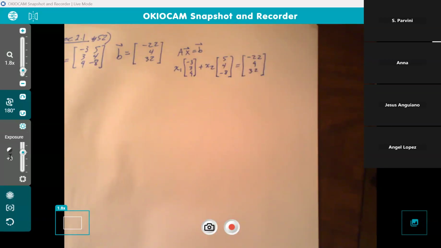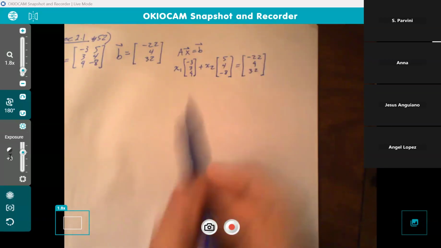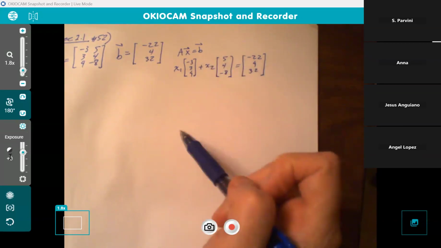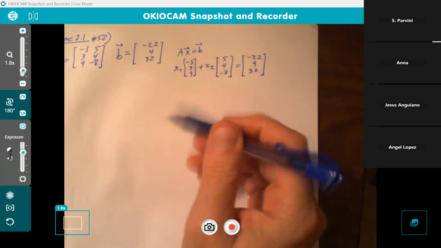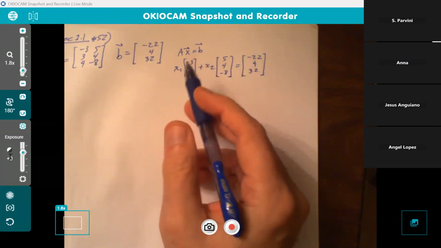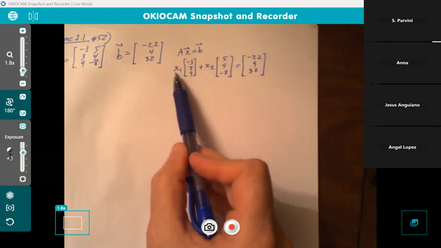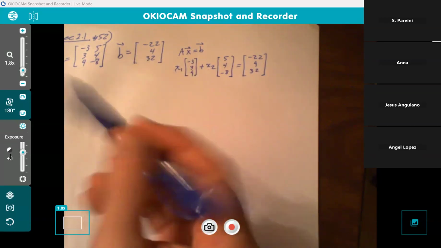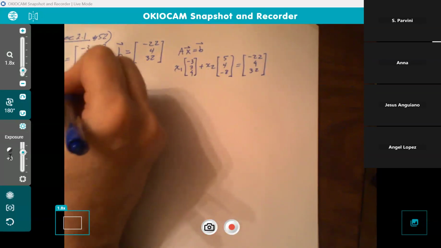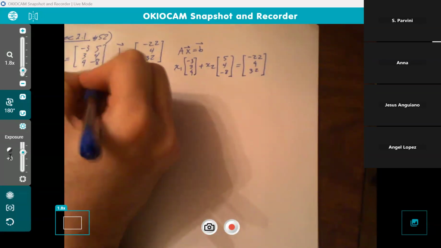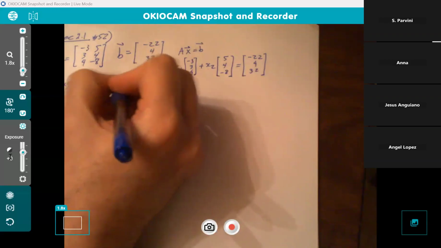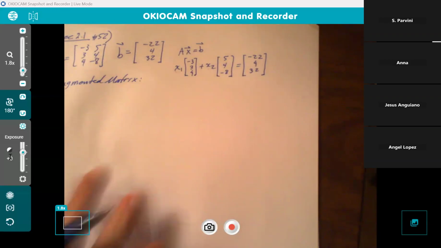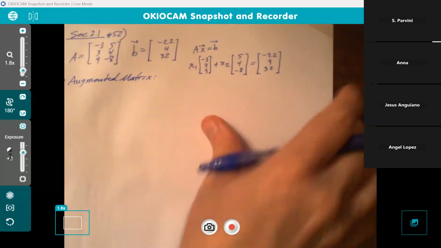Okay. So hopefully everyone is good. Now we just have to determine X1 and X2. And then we can write it, and then you'll see exactly what this looks like. So to find X1, X2, I need to solve the system, right? So let's write the augmented matrix. And what will the augmented matrix, by the way, look like, folks?